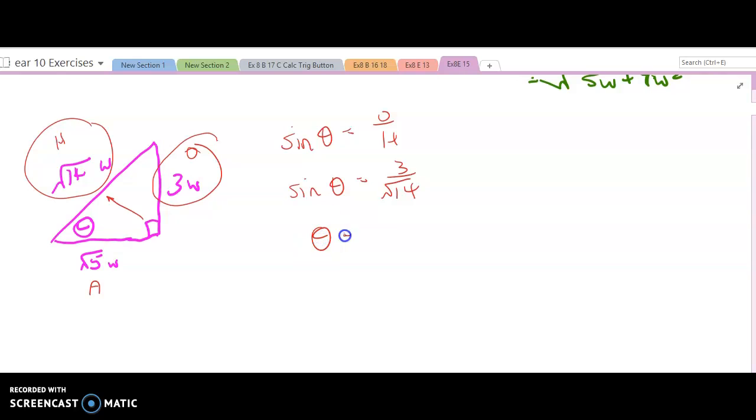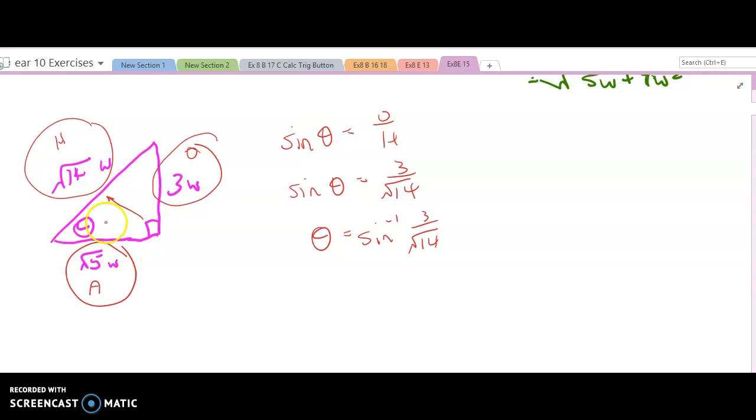So theta equals the inverse sine of 3 over root 14.